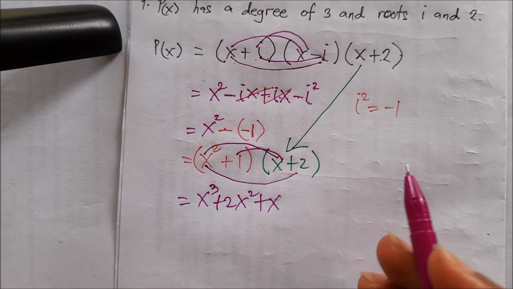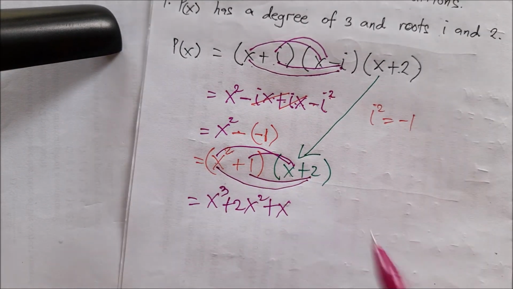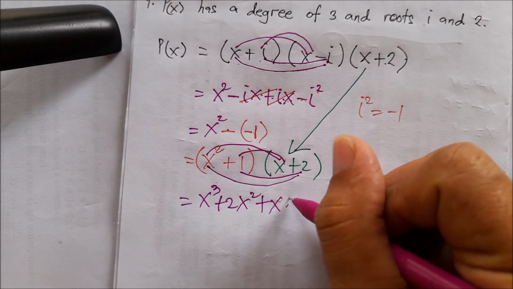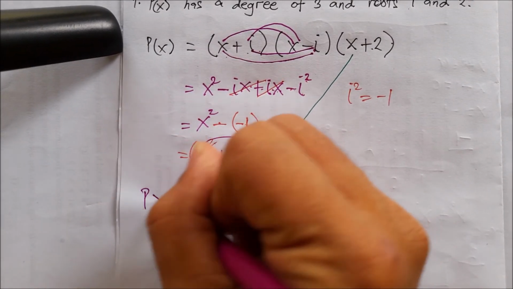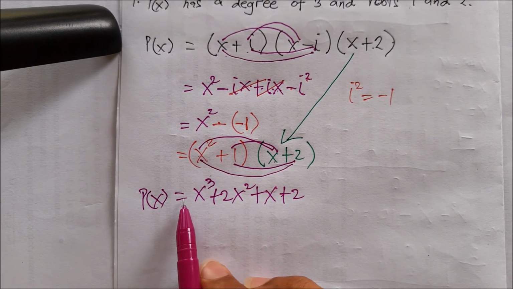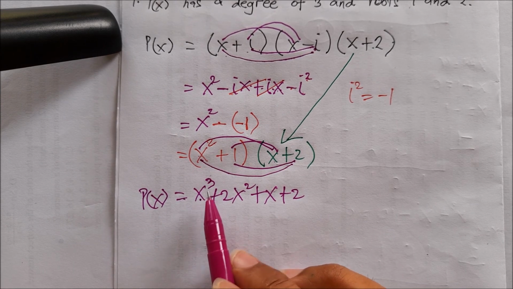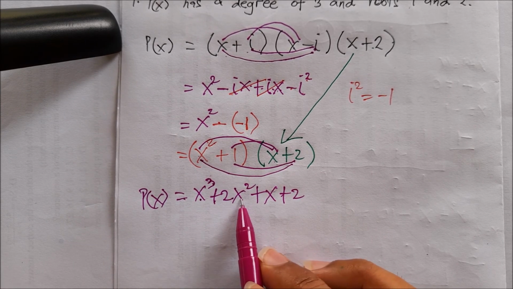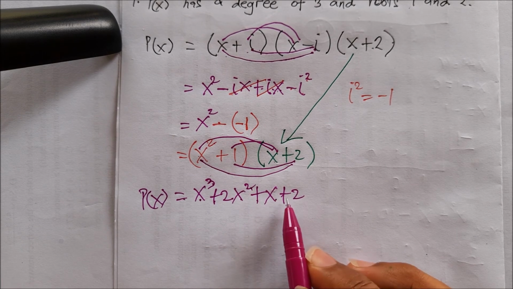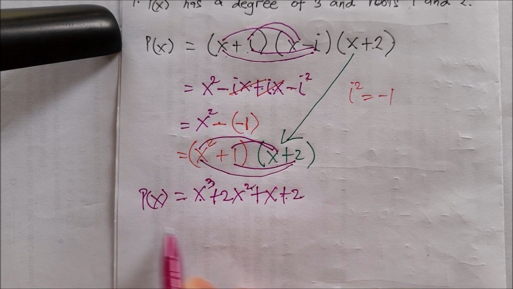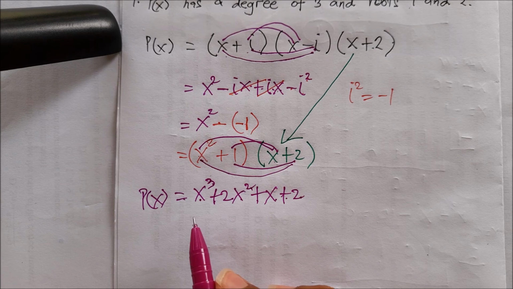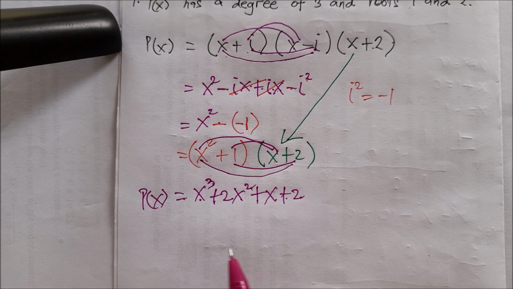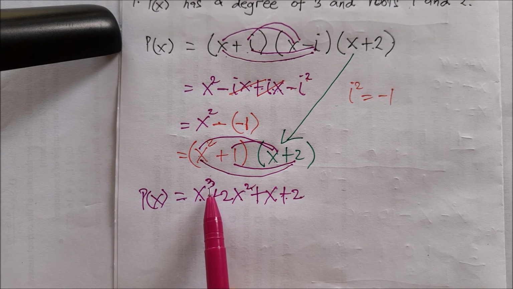Then 1 times the last, 1 times 2, plus 2. The final answer is P of x equals x raised to 3 plus 2x raised to 2 plus x plus 2. Since the answer is arranged in descending order, no need to rearrange. Then the equation is a cubic equation since the highest degree is raised to 3.